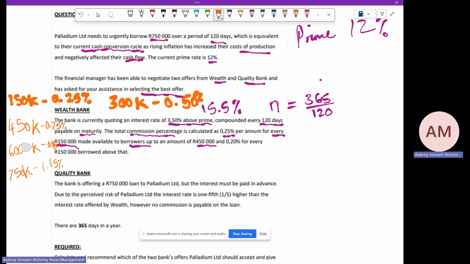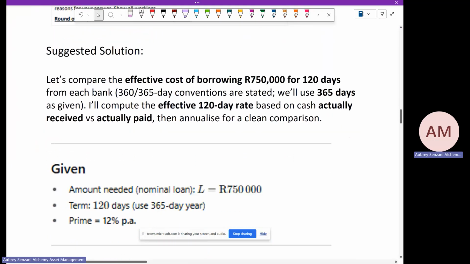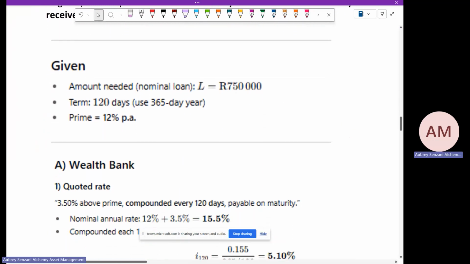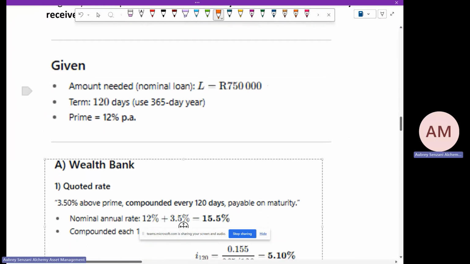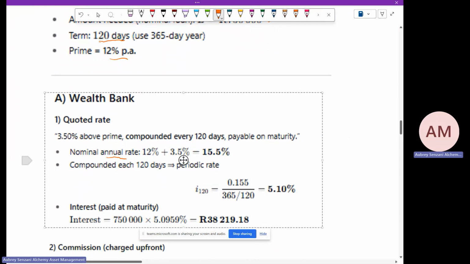So I think it's best to look at how you would move. The amount that we want to borrow is 750. The term is only 120 days. Prime, we said, is 12%. So that means our nominal annual rate is 15.5.